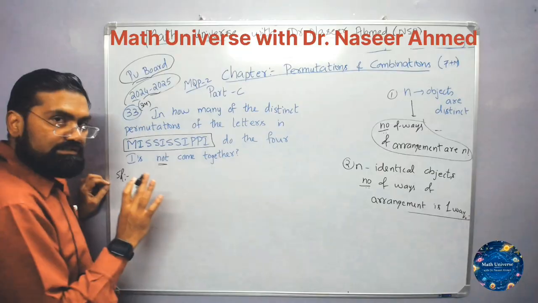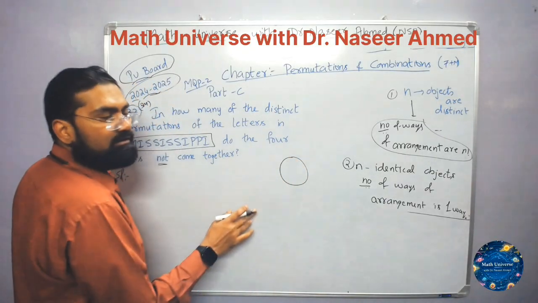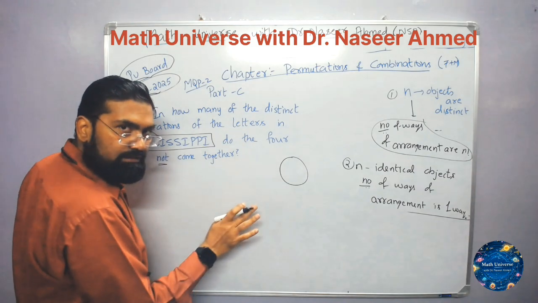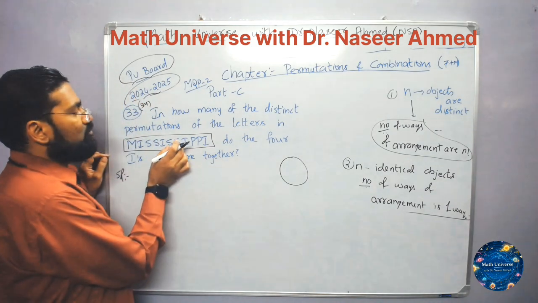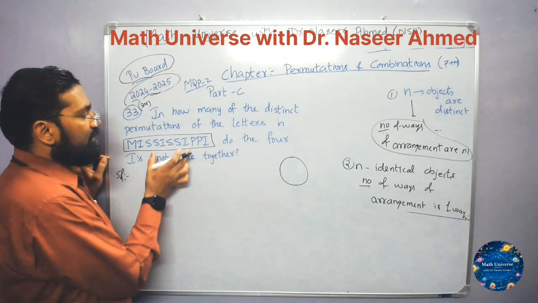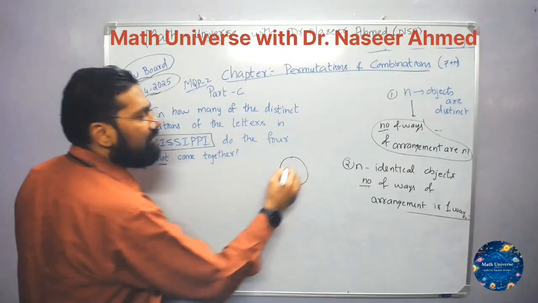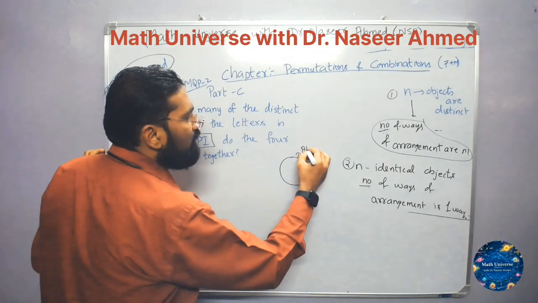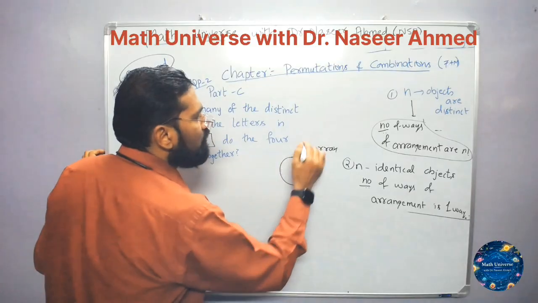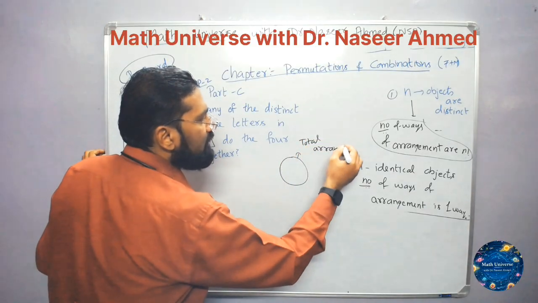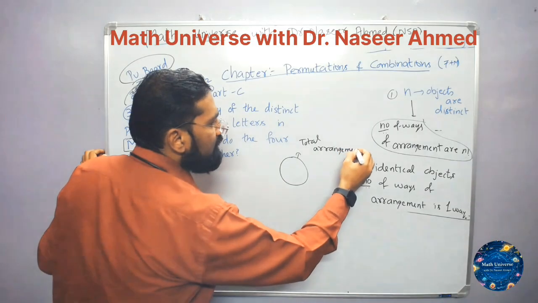So what we will do, see carefully. Just analyze in the form of a set. This contains all the arrangements of the word Mississippi. The I's can be together, the 4 S's can be together, they can be together also, not together also. All mixed arrangements are there. This stands for total arrangement.